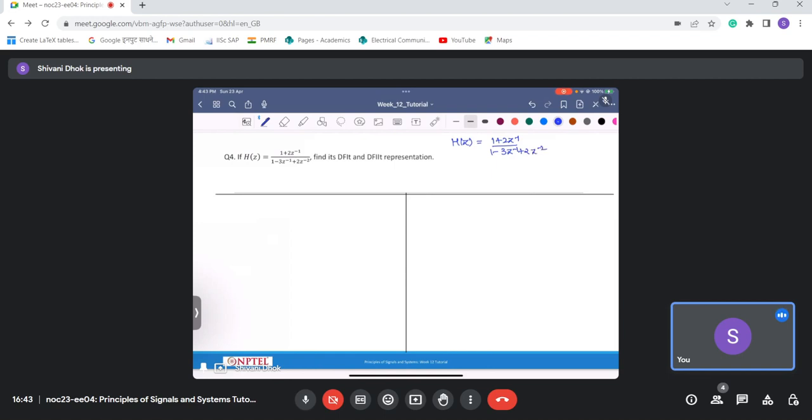Then I can write this as Y(z) equal to X(z) multiplied by 1 minus 3z inverse plus 2z to the power minus 2, multiplied by 1 plus 2z inverse. So this is the first system that I will realize.